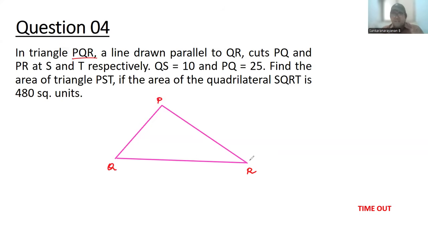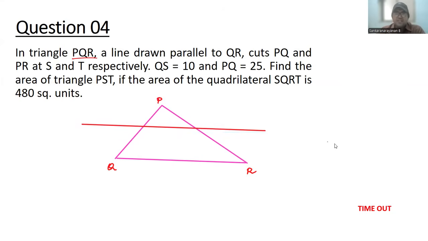So in triangle PQR, it is given a line is drawn parallel to QR. So we have this QR here, and I'm drawing a line parallel to it. It cuts PQ and PR at two points S and T respectively.